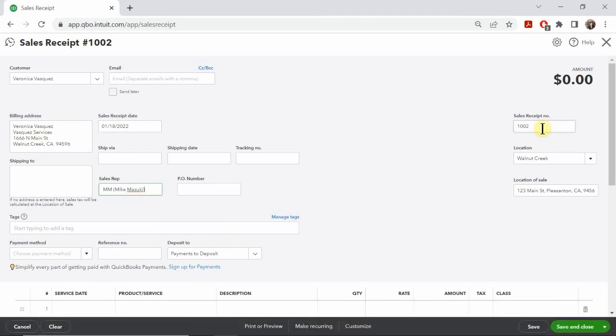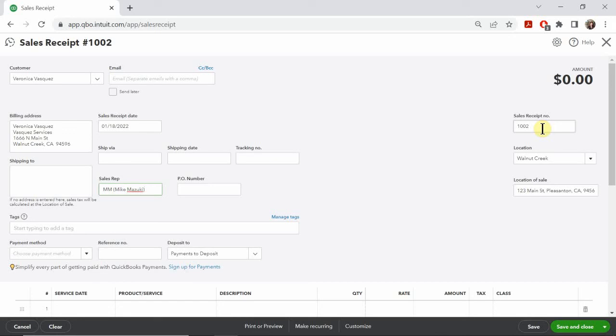Because the very first time I entered in the first sales receipt, I coded it as 1001. Now, every time you enter in a new sales receipt, notice this. It's taking into consideration that I assigned a number. So now it's going to continue on the next sales receipt with the next consecutive number, which is 1002.